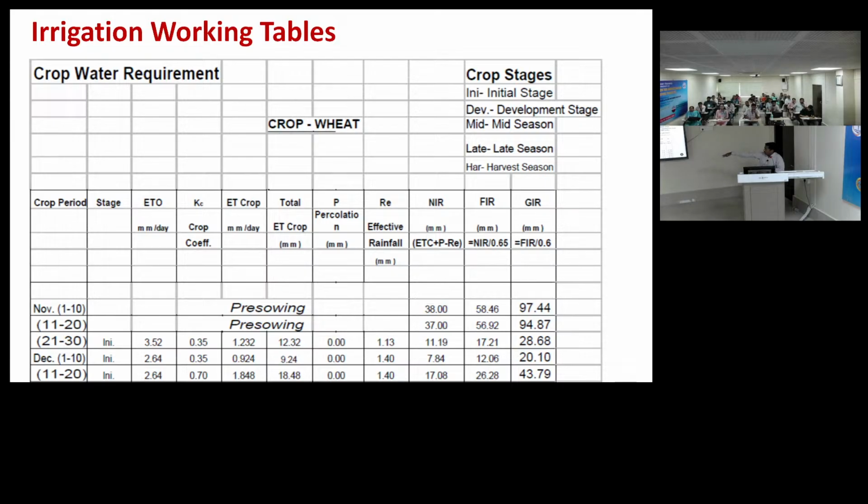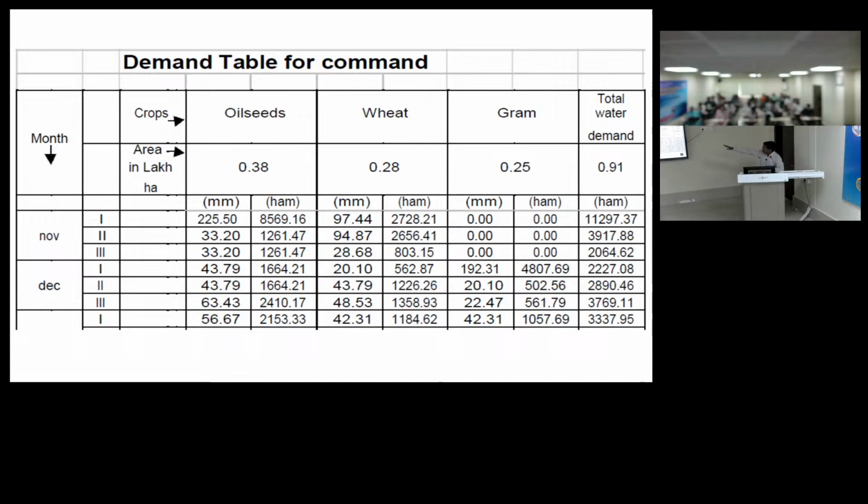So in the November month, what will be the water requirement per crop? Here the crop is wheat. For the wheat, what will be the field irrigation requirement and what is the gross irrigation requirement? These values we'll first try to find out. And same for different crops, oil seeds, wheat, gram, and what is the total demand in that particular November. So you can see the maximum is what we have to consider.